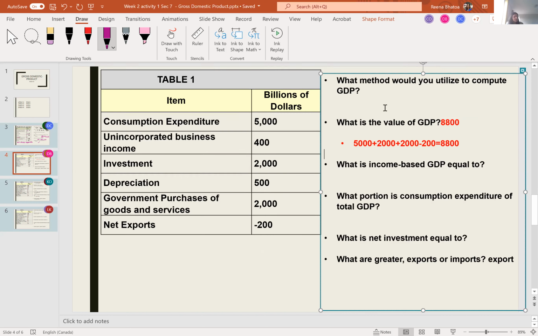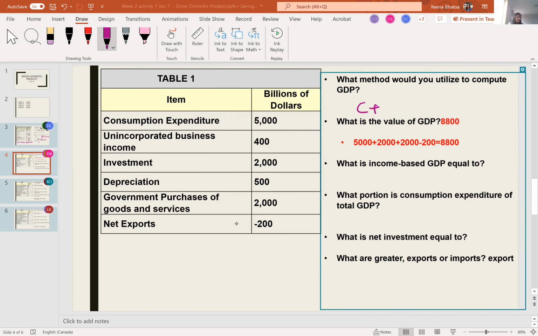Which method would you use to calculate GDP in here? For that, we will see what is given. Consumption expenditure given, investment given, government expenditure, net exports. So we are directly given the C, I, G, and NX. We will use the expenditure method.